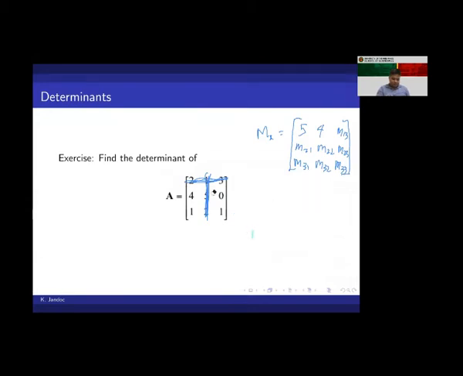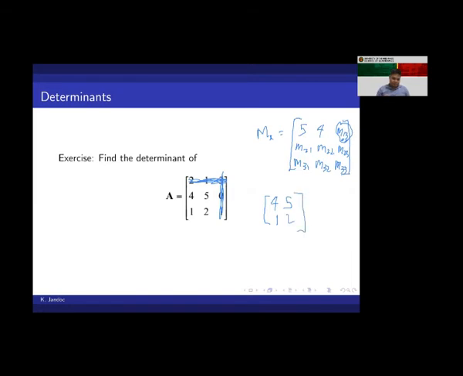Now, let's go to M13, this entry over here. We get this by deleting the first row and the third column in matrix A. So you're left with the matrix 4, 5, 1, 2.